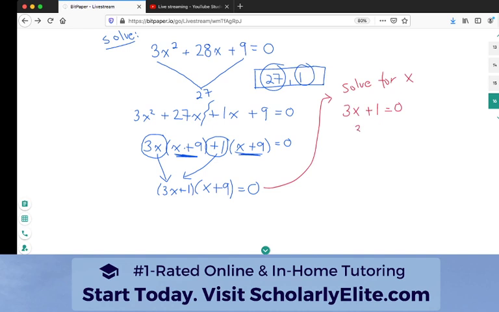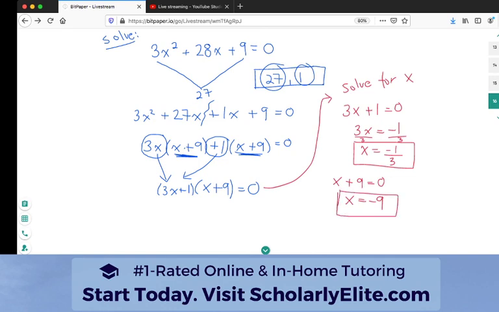So simply enough, all we have to do is solve algebraically. So this is divide by 3, divide by 3. We've got negative 1 over 3. Very nice. So that's our first solution. And then we've got our second solution, which is going to be x plus 9 equals 0. And we just solve for x. So that's going to be x equals negative 9.